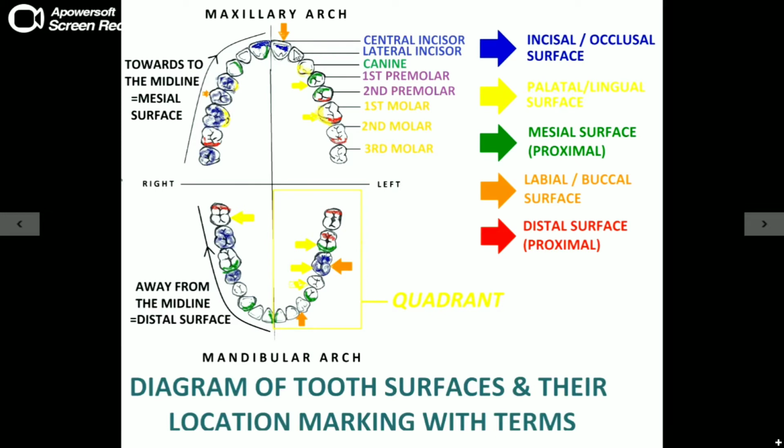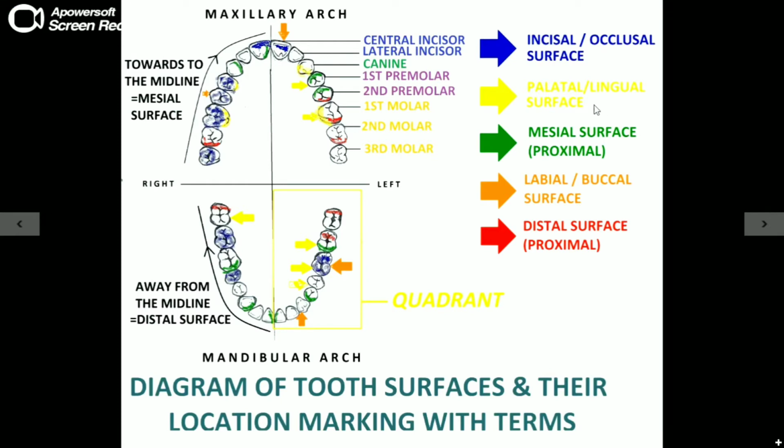So this surface is incisal. Here you see the line called the incisal surface of incisors and canines. In the case of anterior teeth, this is the incisal surface, and in posterior teeth, this is the occlusal surface.